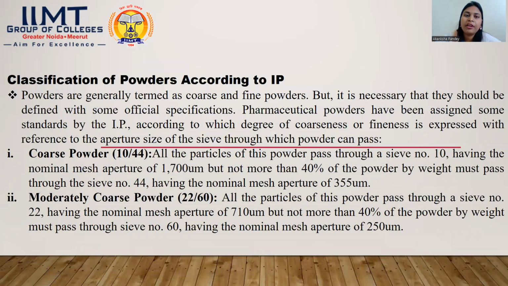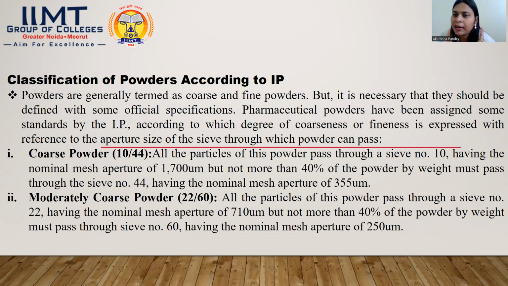Now, the classification of powders according to IP. If we are talking about coarse particles, fine particles, moderate, there are things that differentiate them. So these are the basic kinds of powders by particle size. First is coarse. If we are going to separate the powder, we pass it through a sieve.